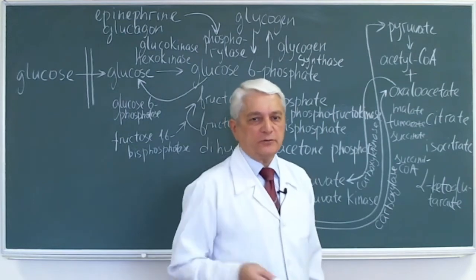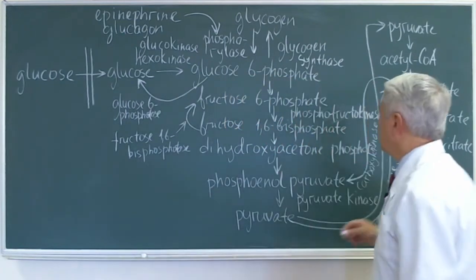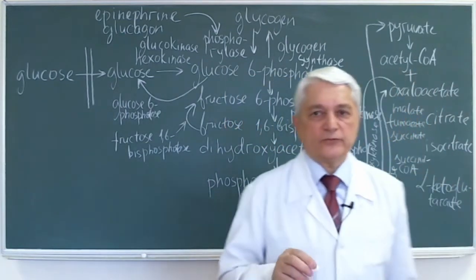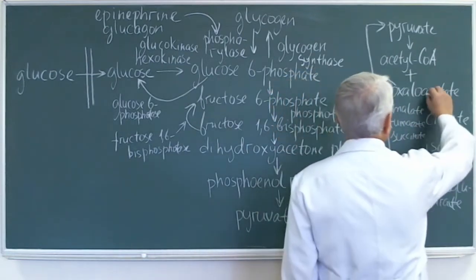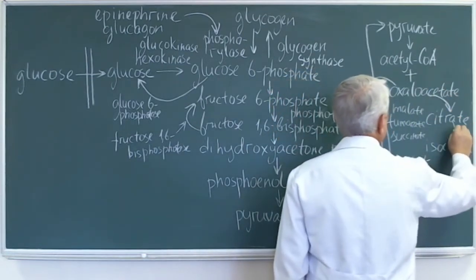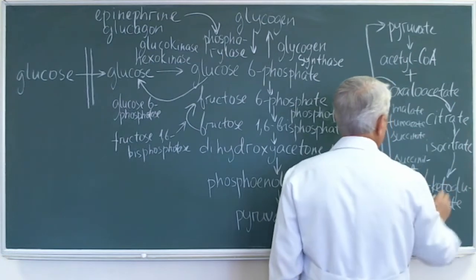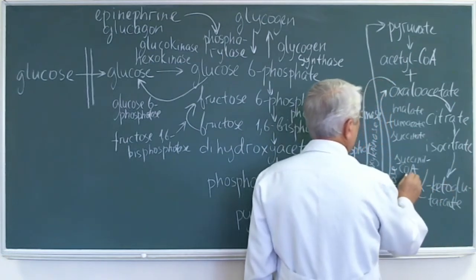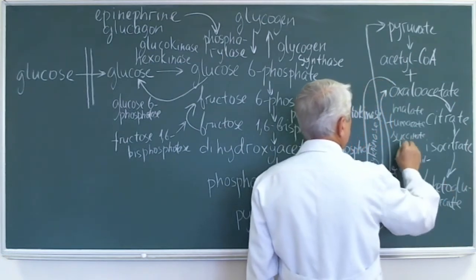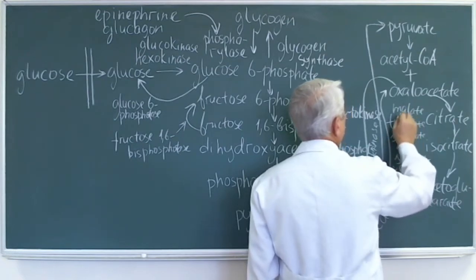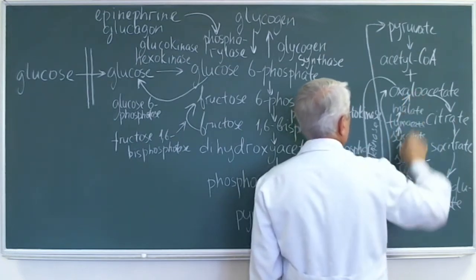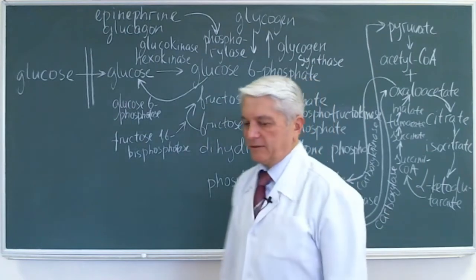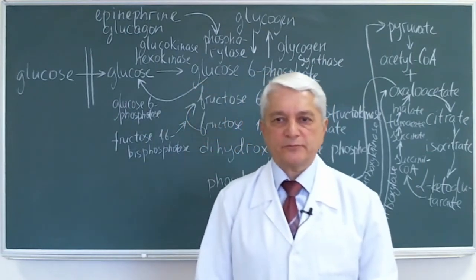Let's connect all these substances with arrows, and we will receive citric acid cycle: oxaloacetate, citrate, isocitrate, alpha-ketoglutarate, succinyl coenzyme A, succinate, fumarate, malate, oxaloacetate. This is citric acid cycle.